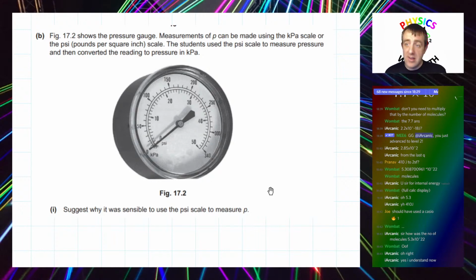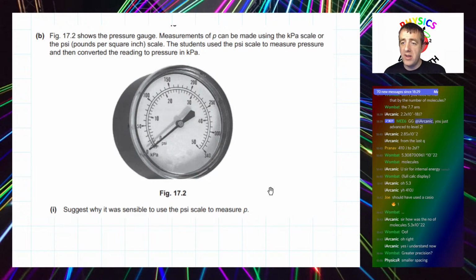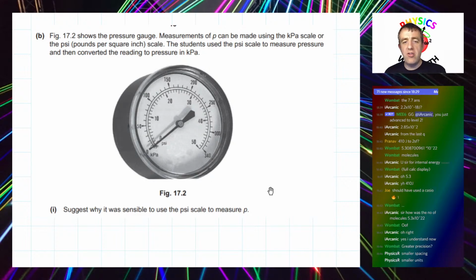Well, there are times when it is sensible. For example, if I've got this particular manometer, yeah. So Wombat says greater precision. I like your answer, although we'd probably say greater resolution, Wombat. We can write our number to a higher precision because we have a higher resolution instrument.